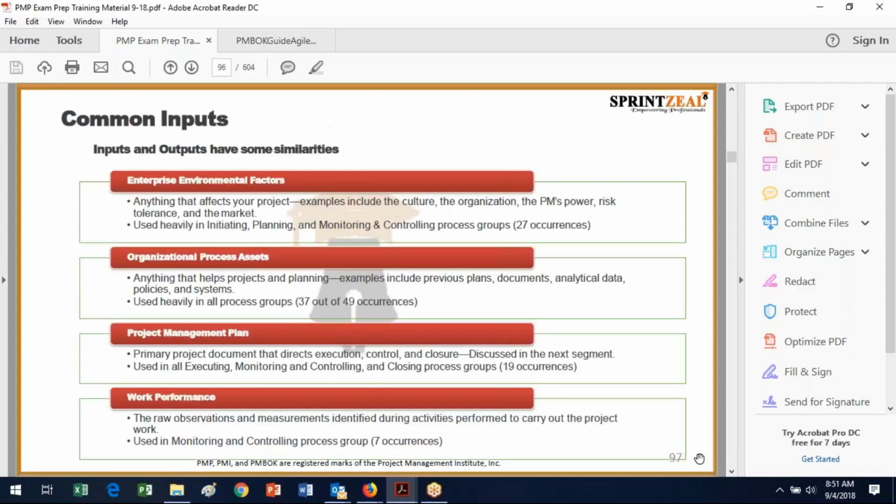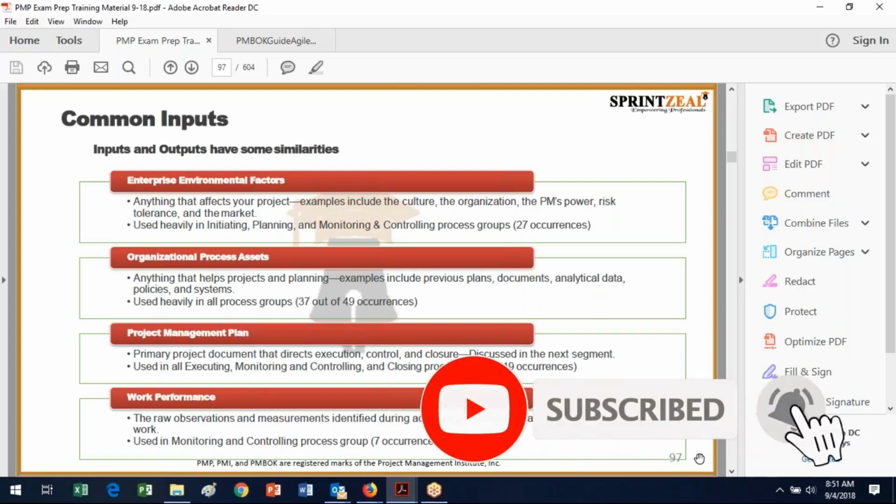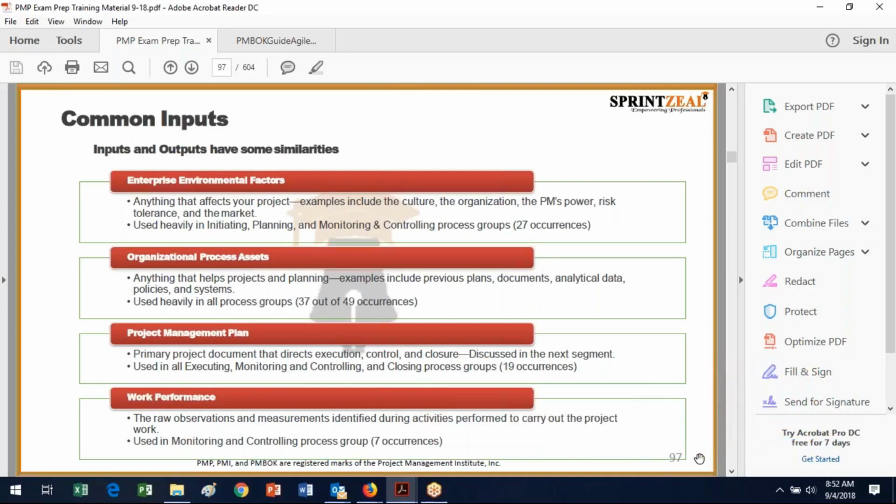Again, very PMI specific. So there are common inputs that have some similarities. Two of the big ones are enterprise environmental factors, or EEFs, which is basically anything external to your project that you as a project manager or even as the project management office can't really change. So these are, say, government regulations, corporate culture, because you're really not going to change the corporate culture unless that's your task in the span of one project.